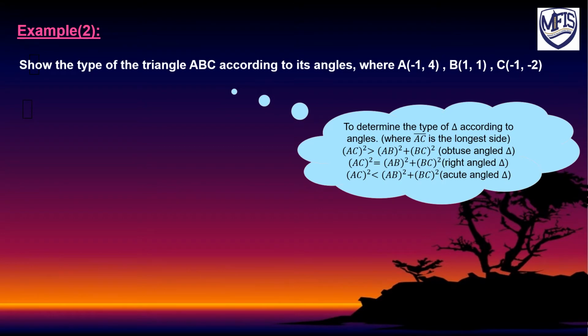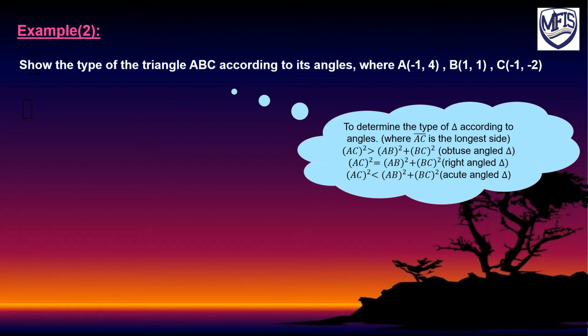Okay, now to determine the type of the triangle according to the angles, where AC is the longest side, I will compare the longest side squared and the sum of the squares of the other sides.